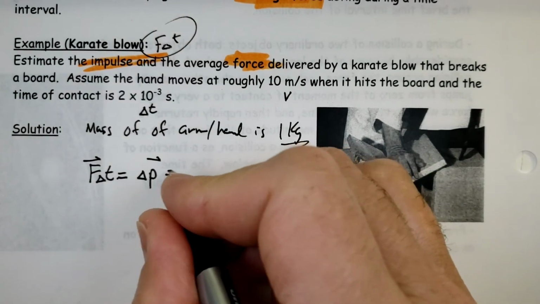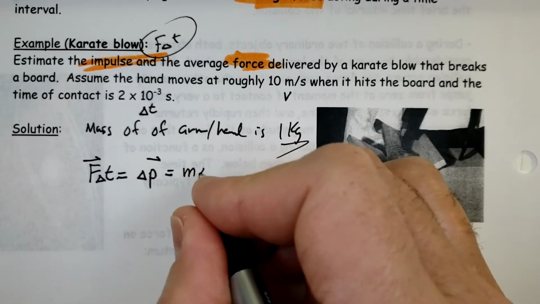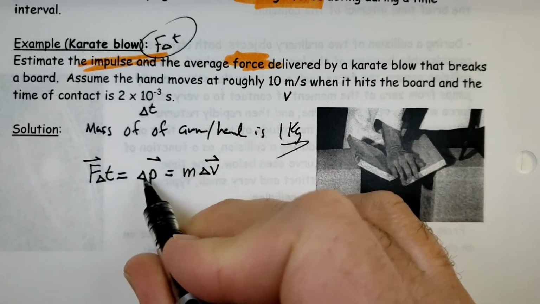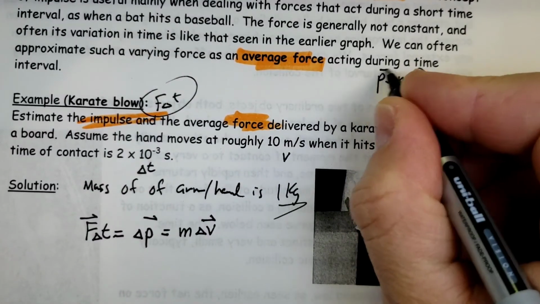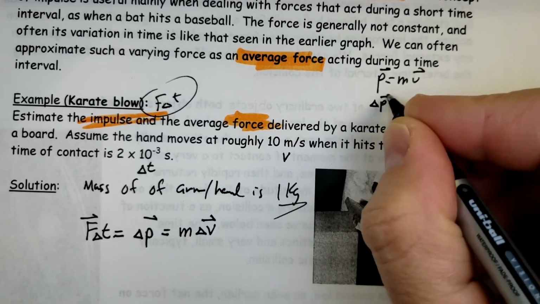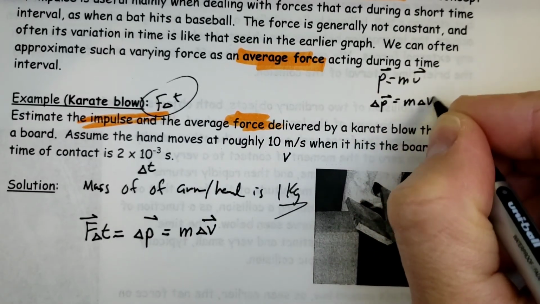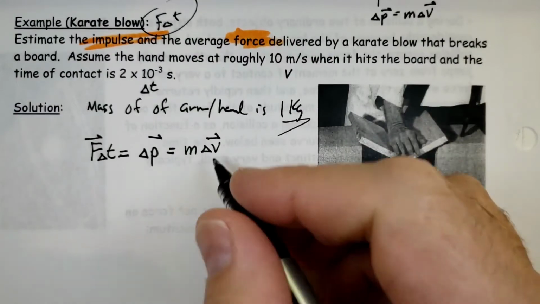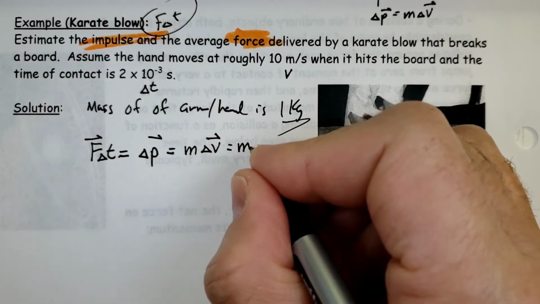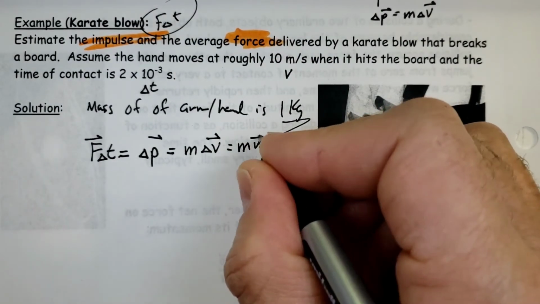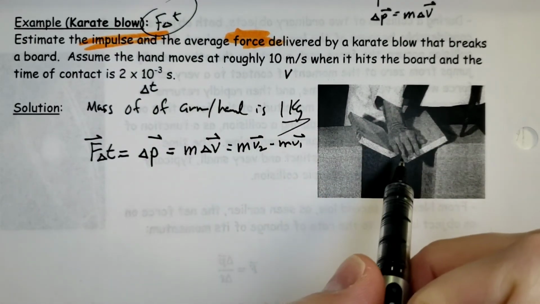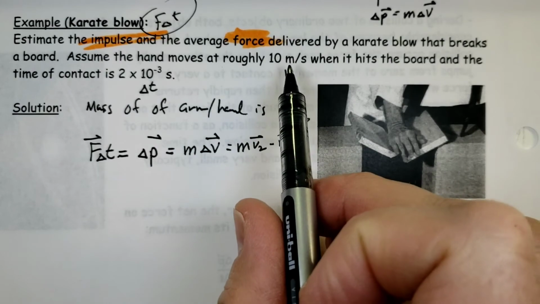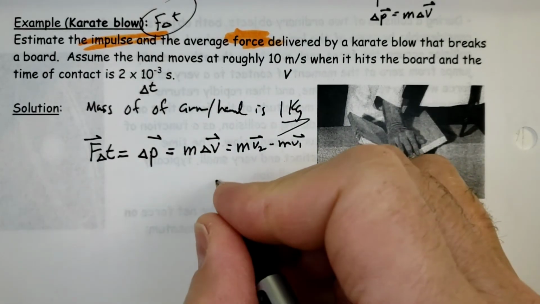We do know material involving change in momentum. Remember, P is equal to mv, so change in P is mass times change in v, which is mv2 minus mv1. By the time I hit the board, my hand is moving 10 meters per second, and initially your hand is moving 0.